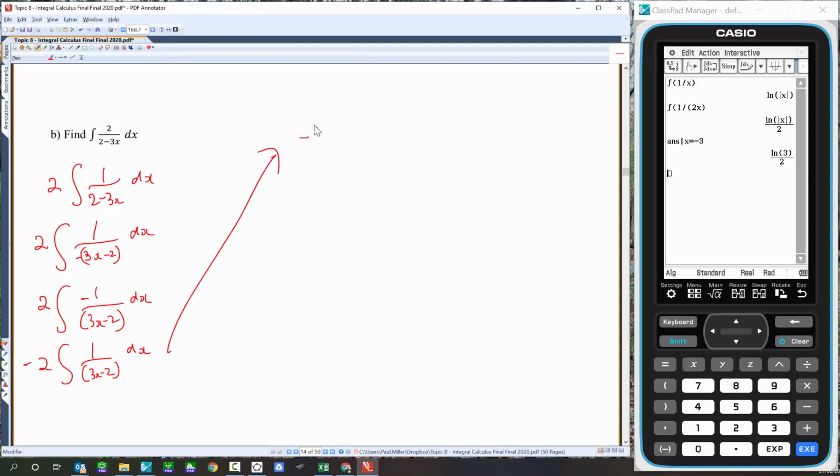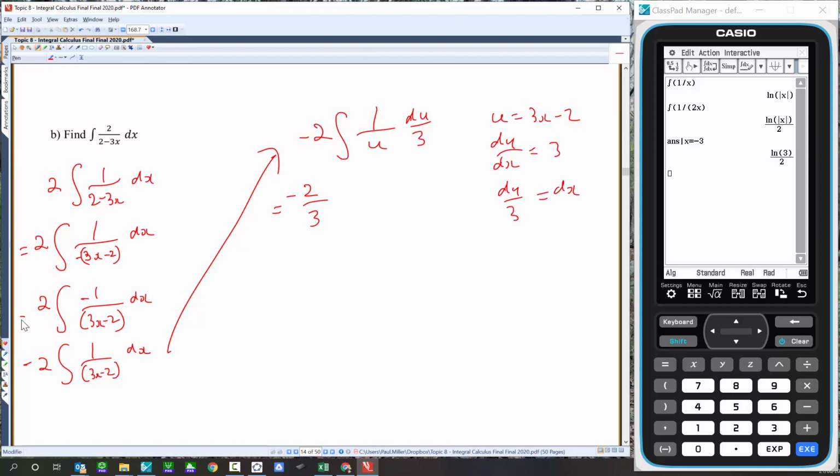So I'm going to say that this is -2 integral 1 over u, where u is equal to 3x take 2, du dx is equal to 3, and I need to make this du, so I need to make dx the subject. That's du on 3 equals dx, and let's write that in, du on 3. So let's go -2/3.